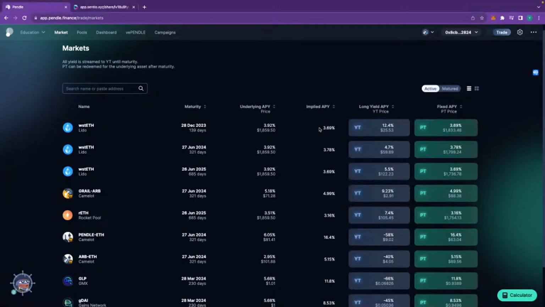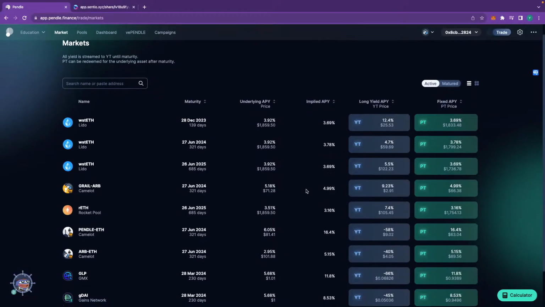Implied APY is 3.69%. So people in general are thinking that the average yield from now until December this year is going to be 3.69%. And it's the same as the fixed APY. So if you buy PT, you're also getting exactly this 3.69% fixed yield.